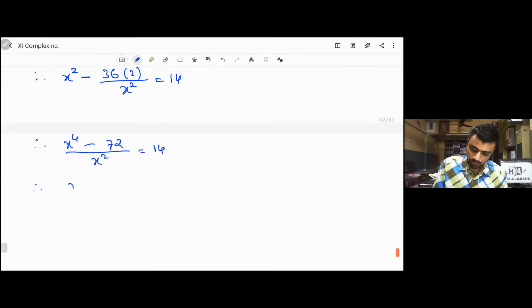Therefore, x raised to 4 minus 72 is equals to 14x square. Therefore, x raised to 4 minus 14x square minus 72 is equals to 0.